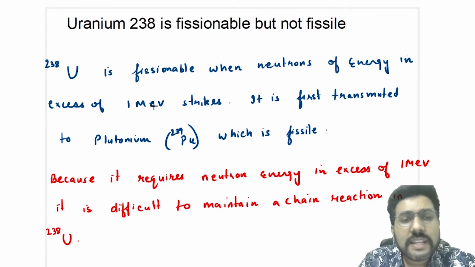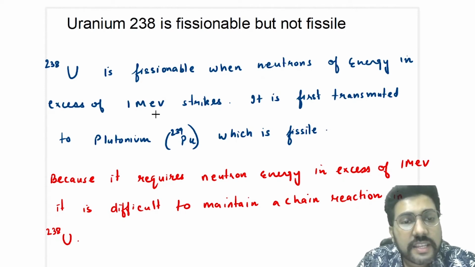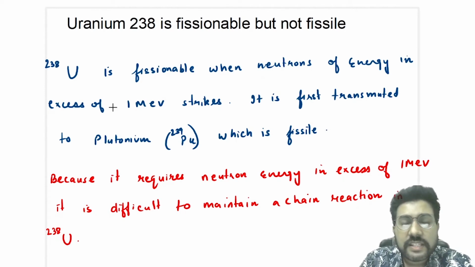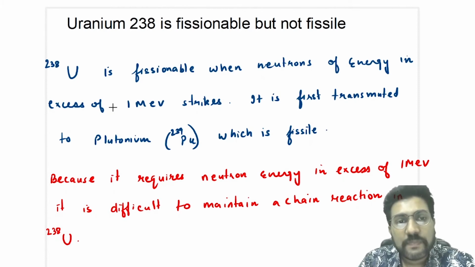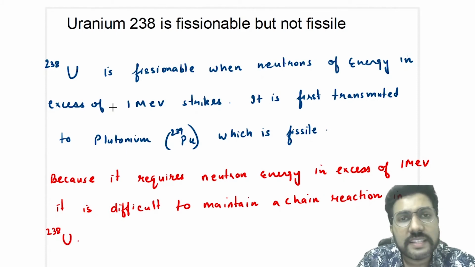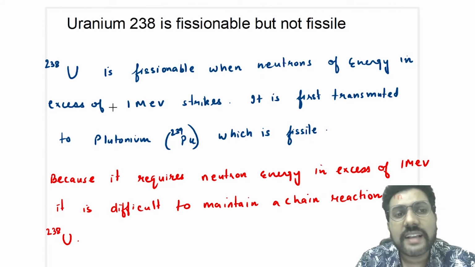Because uranium-238 requires neutrons with energy in excess of 1 mega electron volt. This type of energy is not possible to maintain, because after every collision these neutrons keep on decreasing their kinetic energy, and it is not possible to maintain the high kinetic energy which is required for the fission of uranium-238.